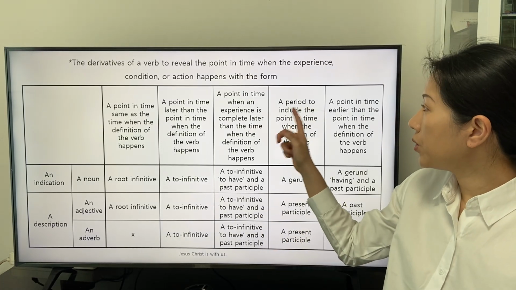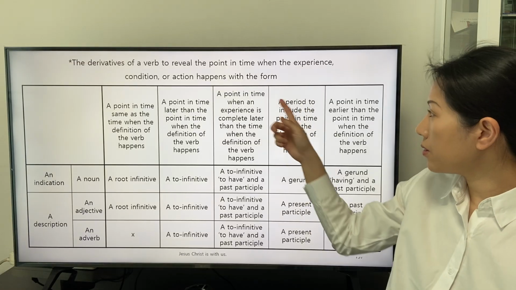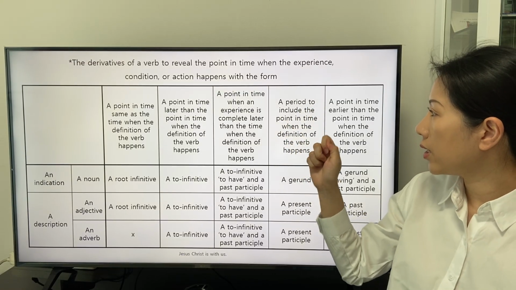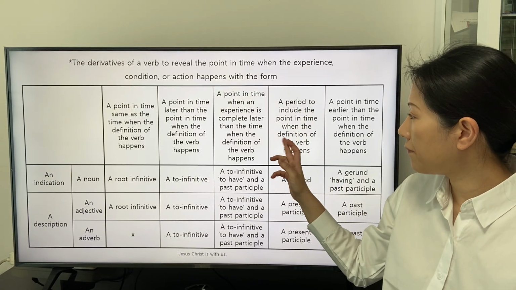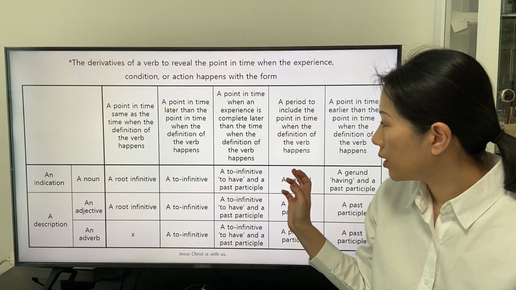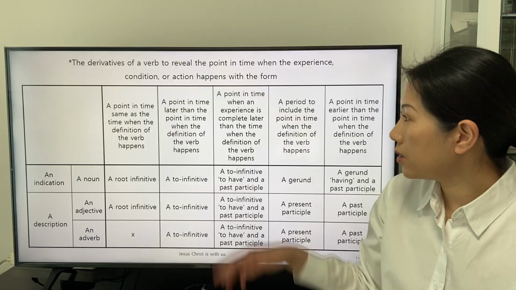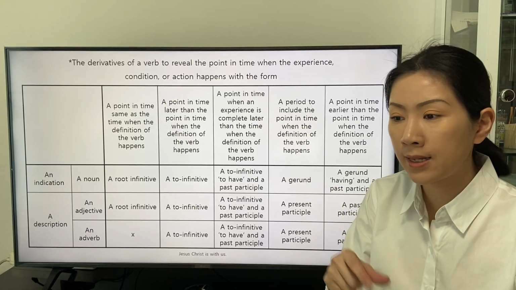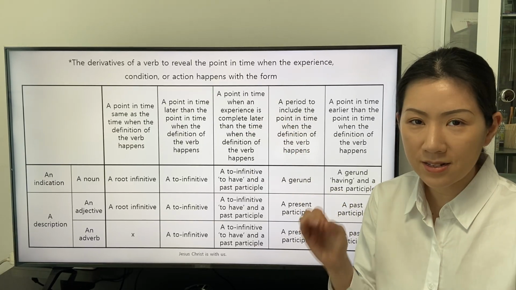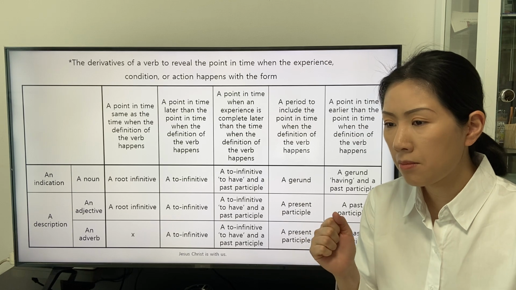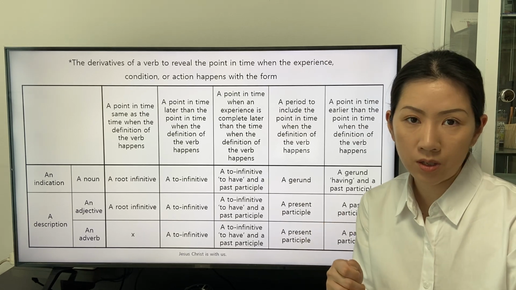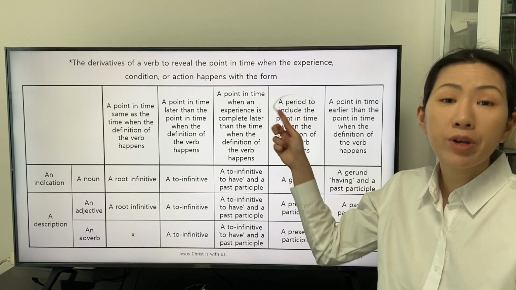A period to include, in the first column, a period to include the point in time when the definition of the verb happens. This is introduced. In this explanation, we can emphasize, we can give an accent on the expression a period.